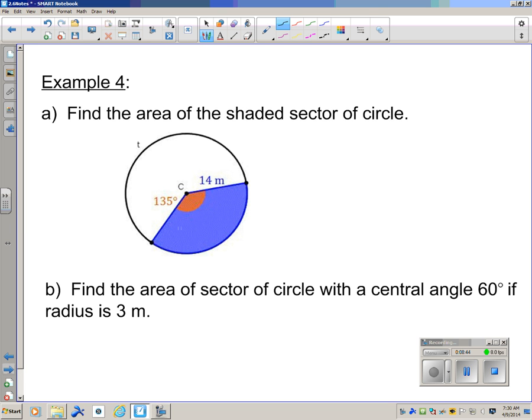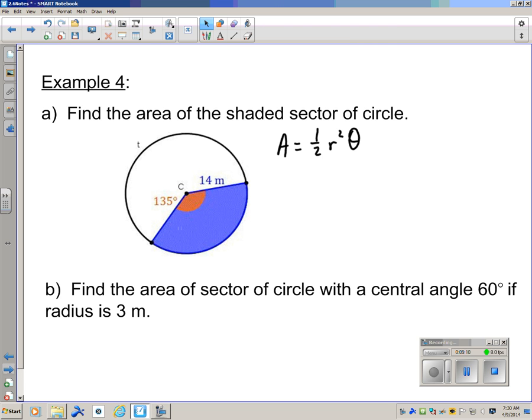Example 4 says find the area of the shaded sector of the circle here. So let's go ahead and find the area of that. To find the area of that piece, we could just go ahead and set up our formula. We found that on the first slide. We said that it was 1/2 r squared theta.